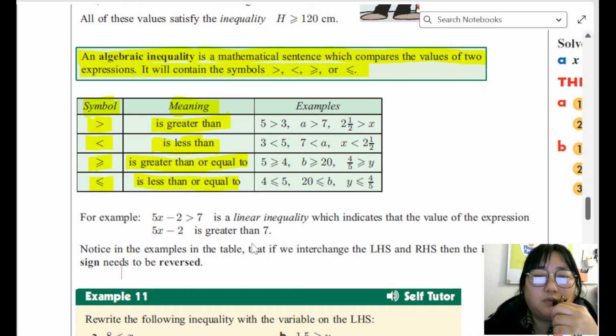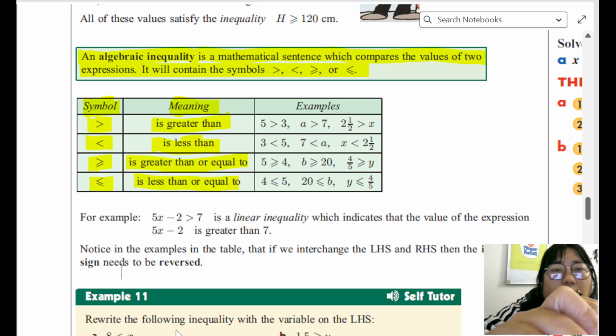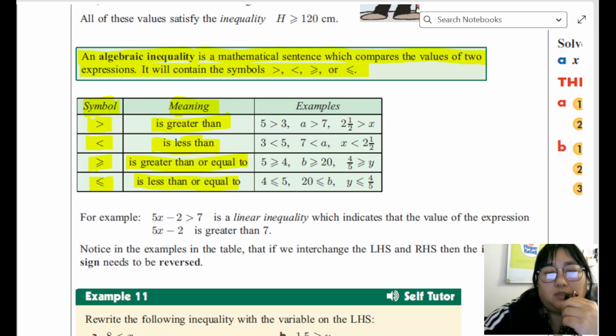Now when we have example 11, this one is 8 is less than x, and then 1.5 is greater than or equal to y.